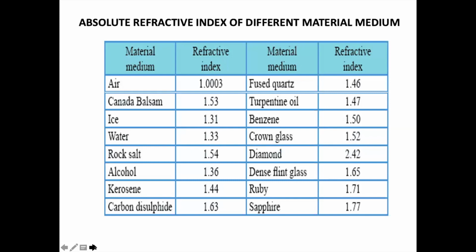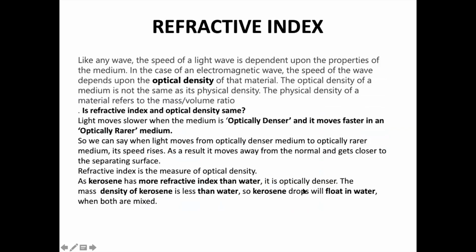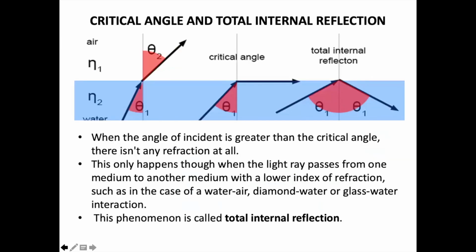Absolute refractive index of different materials. I'll tell you which ones you have to remember. Air is 1.0003. Then you have to remember alcohol 1.3 and kerosene 1.44. Then glass is 1.52. Then remember ruby, it was asked in a question paper last year. Ruby 1.71, sorry.